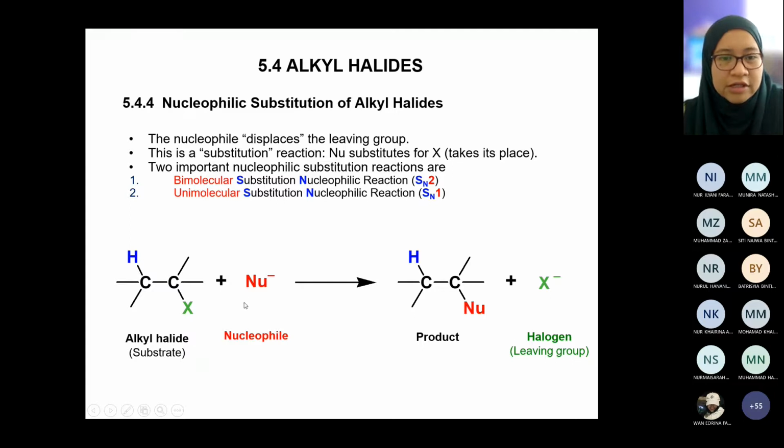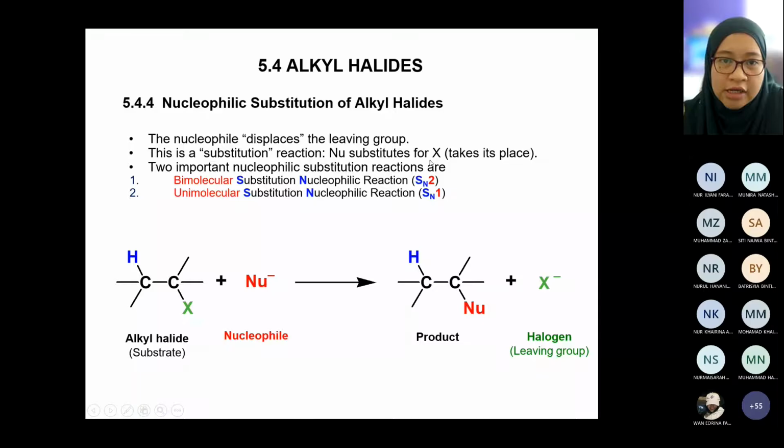That something else is known as a nucleophile, a stronger nucleophile than the halogen. The nucleophile displaces the leaving group. The leaving group in this case is the halogen, which will leave the molecule. So this is a substitution reaction.